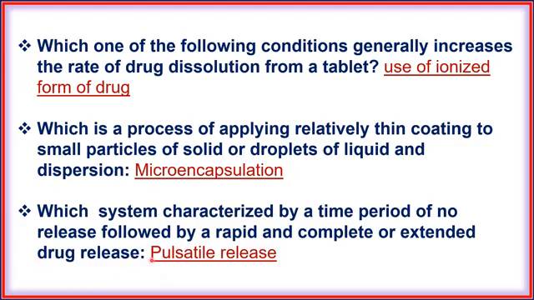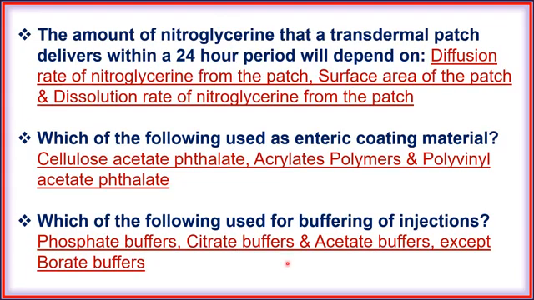That is pulsatile release. Next, the amount of nitroglycerin that a transdermal patch delivers within a 24-hour period will depend on diffusion rate of nitroglycerin from the patch, surface area of the patch, and dissolution rate of nitroglycerin from the patch.